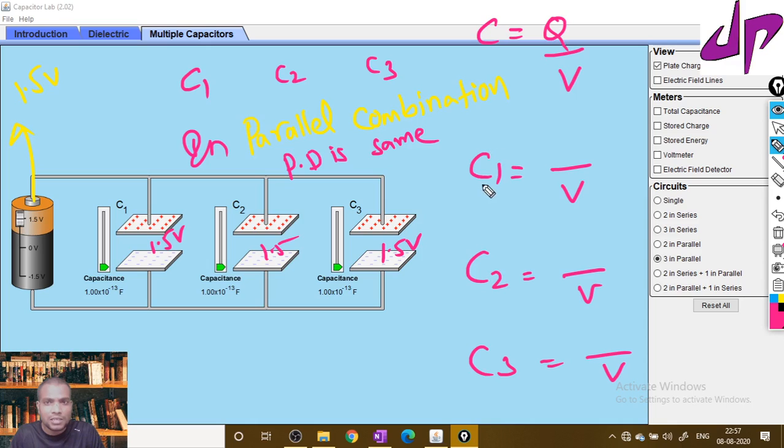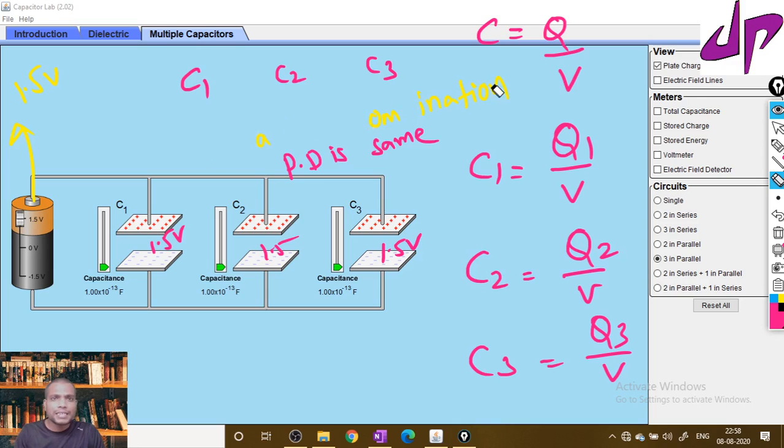If the capacitance changes and V is common, the charge will change. So for the parallel combination, we represent C1 equals Q1 upon V, C2 equals Q2 upon V, and C3 equals Q3 upon V. There is no potential difference in the parallel combination, but there is a capacitance difference, which comes from the charge difference between the individual capacitors.